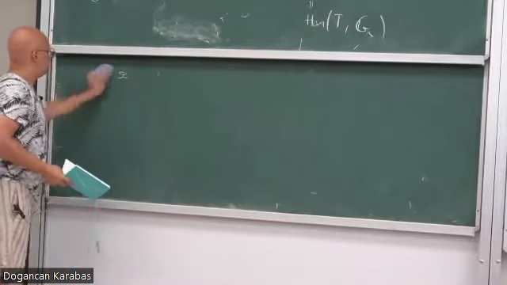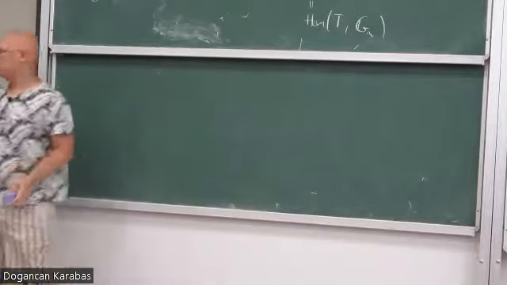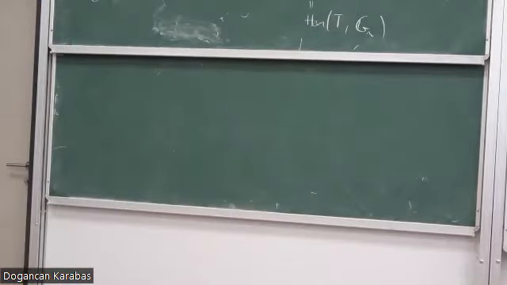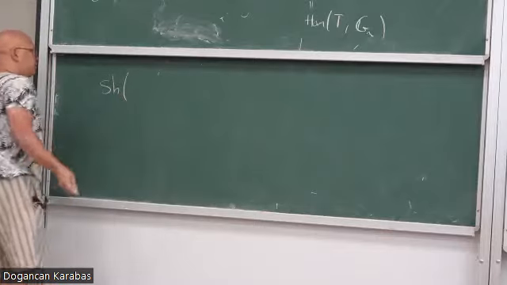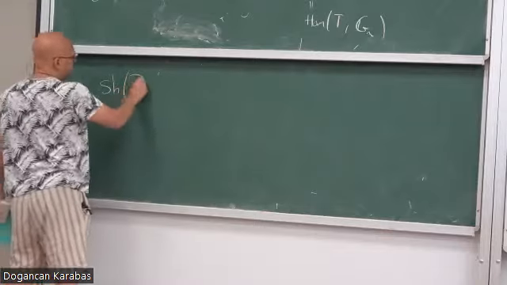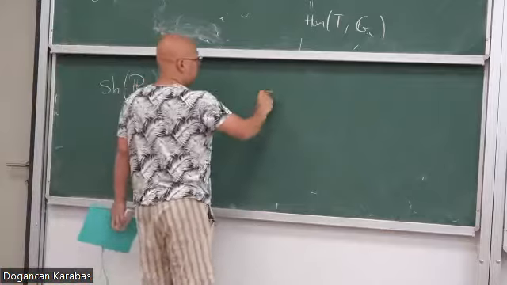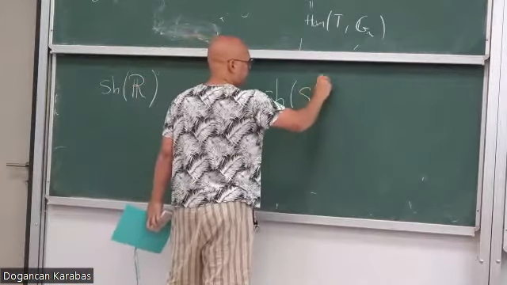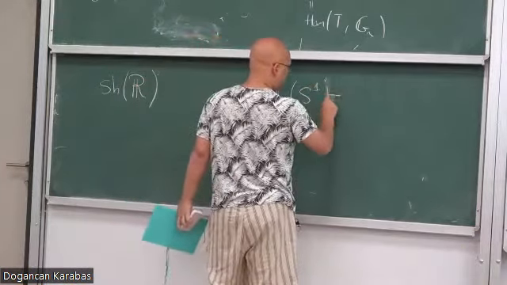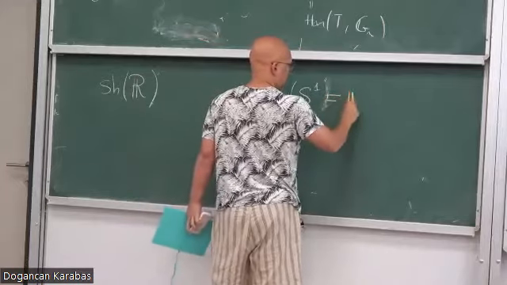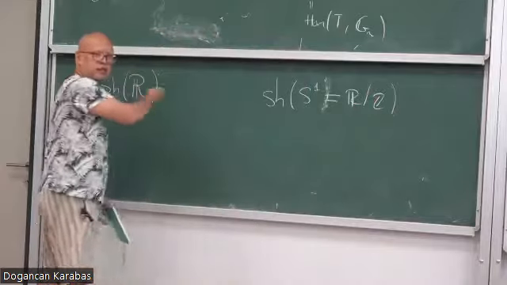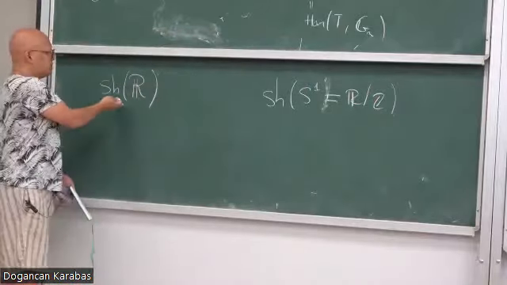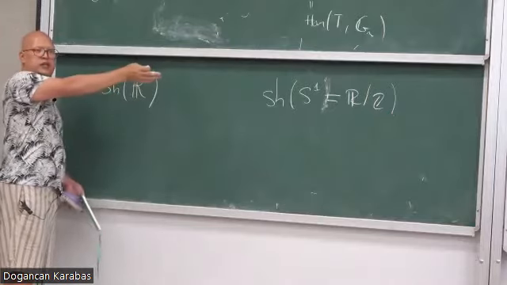But first, I have to explain the basic idea of what's going to happen with this quotient. If we want to think about the relationship between sheaves on R and sheaves on S1. S1, after all, is R mod Z. But what is the relationship between these things? When does a sheaf on R descend to a sheaf on S1?